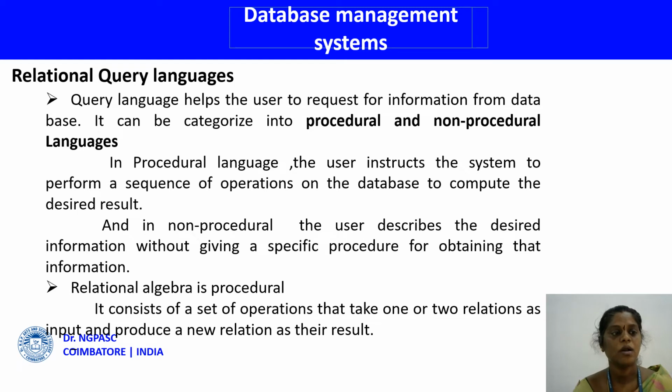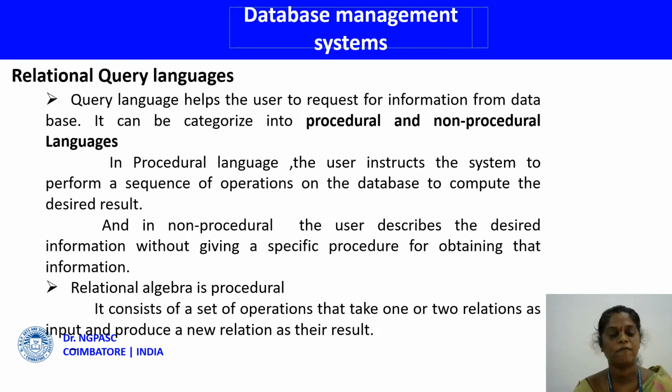And next is your relational query language. Relational query language helps the user to request information from the database. Normally the query language is used to get some information from the database. It can be categorized into procedural and non-procedural language.